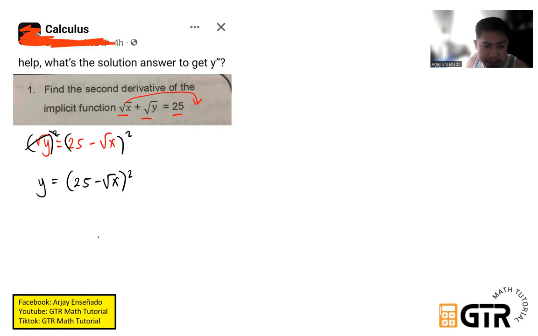Now get the derivative. So first derivative, so we can apply the derivative of, ayan, power. So we have power, so we have derivative of u to the n with respect to x. So the answer to that is n. Yung exponent, bababa lang dito, u to the n minus 1 times derivative pa na itong base natin, u with respect to x.